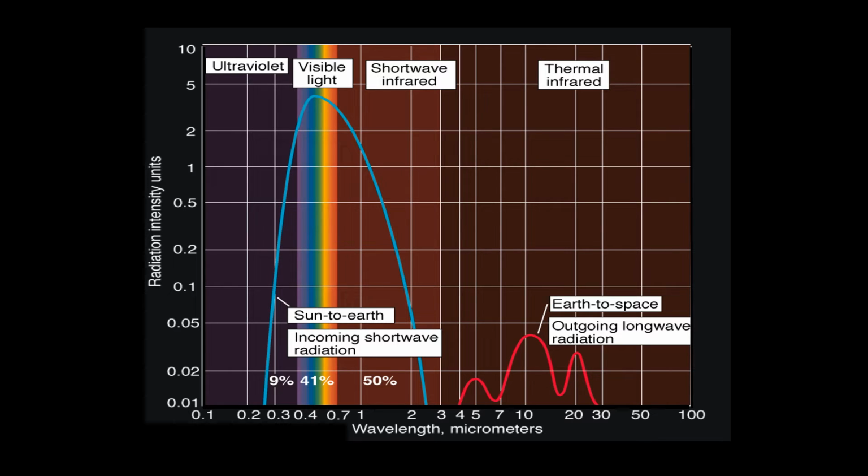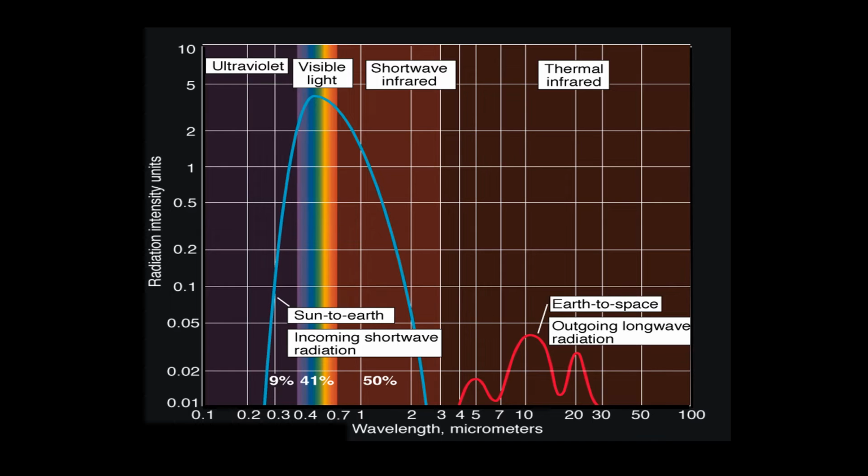Electromagnetic radiation varies enormously in wavelength, ranging from the exceedingly short wavelengths of gamma rays and X-rays, with some wavelengths less than 1 billionth of a meter, to the exceedingly long wavelengths of television waves and radio waves, with some wavelengths measured in kilometers.